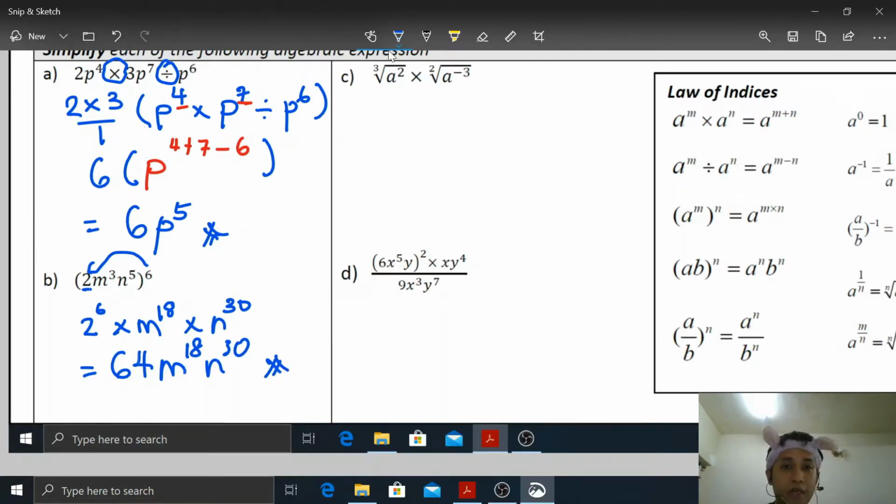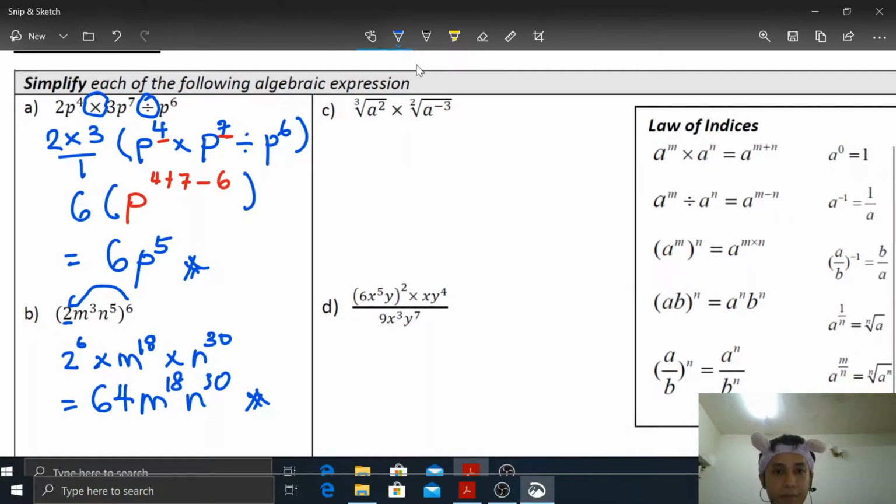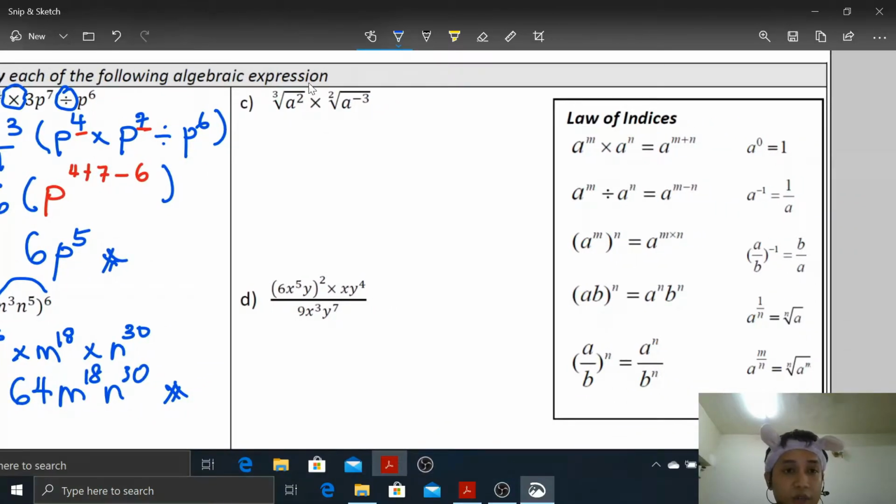Let's look at another one. Surds. When they give you in this form, you need to change it into the index form, something like this. So we are going to use the law here to change from this form into this form. This one is surd 3a to the power of 2.